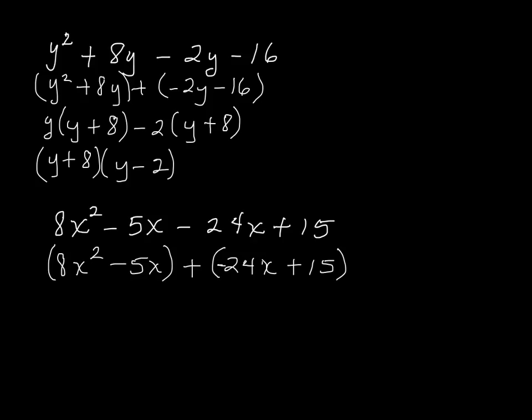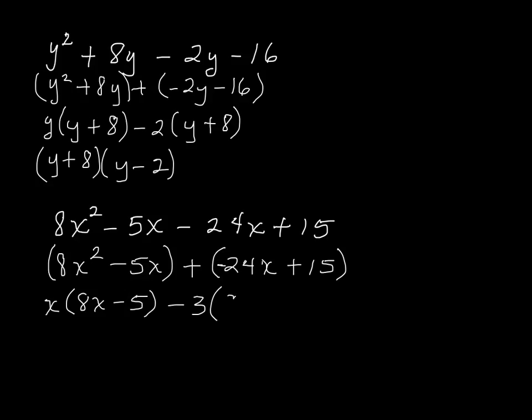So in the first binomial, I can factor out an x, and it will leave me 8x minus 5. The second binomial, I want an 8x minus 5. If I just factor out a 3, I'm going to get a negative 8x plus 5, but I don't want that. Let's factor out a negative 3, and that will change the x term to positive.